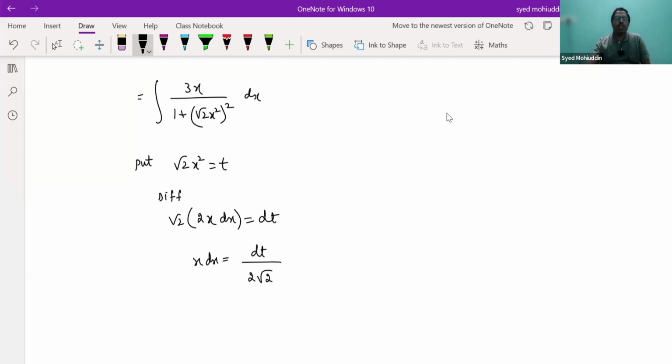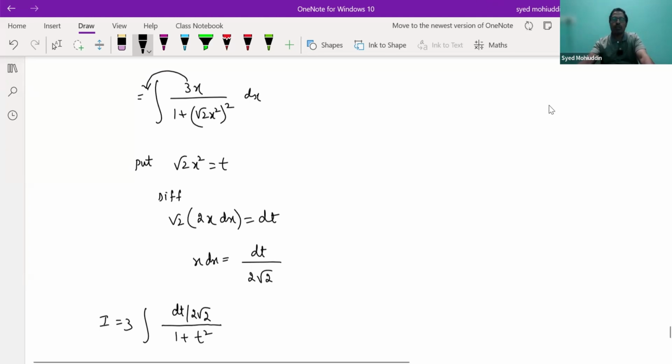But now if you go back to the integral, this 3 is not there here. So can I take this 3 outside now? I equals, because 3 is not there, I am taking 3 outside. I will be left only with x dx. x dx is dt by 2 root 2, all divided by the denominator, which is 1 plus root 2 x square, which I have taken as t, and it is squared.